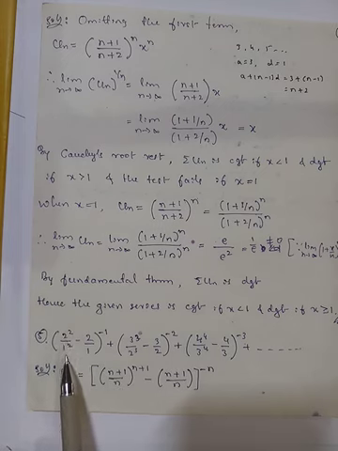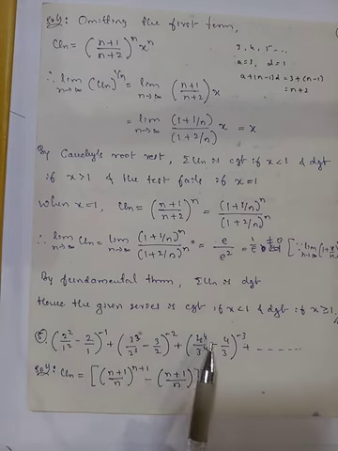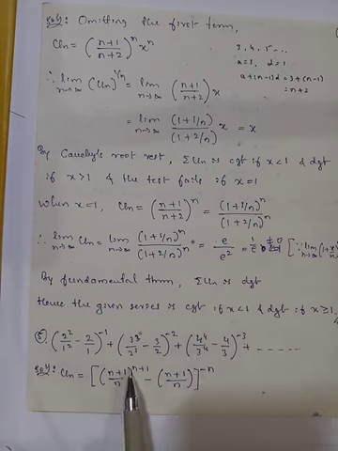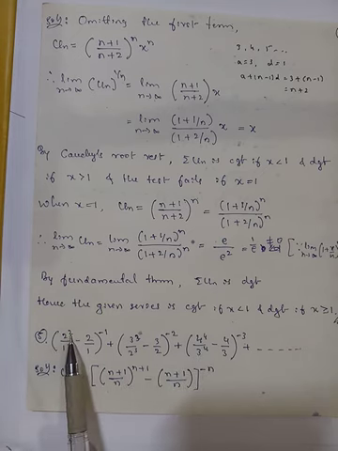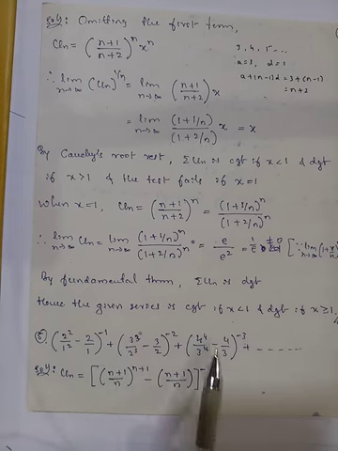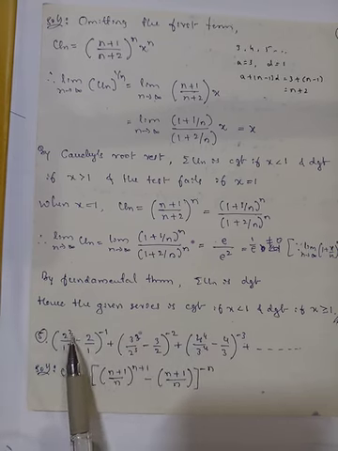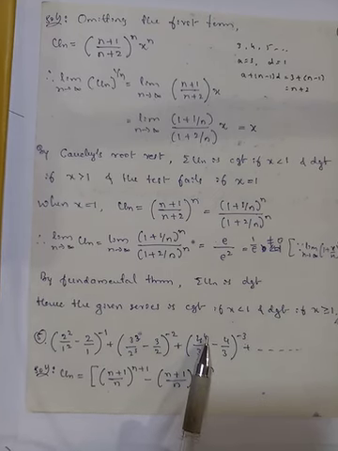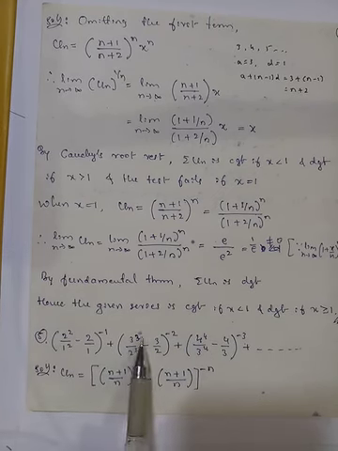Then for this term and this term, what is the power? It is 2. See, 2 by 1 raised to 2, 3 by 2 raised to 3, 4 by 3 raised to 4. Therefore the numerators are 2, 3, 4, 5. For 2, 3, 4, the nth term is n plus 1.